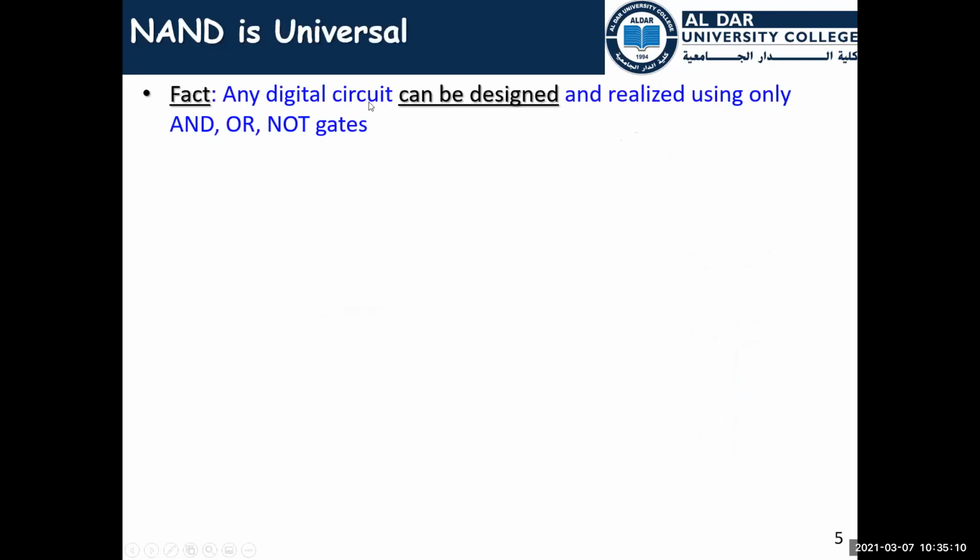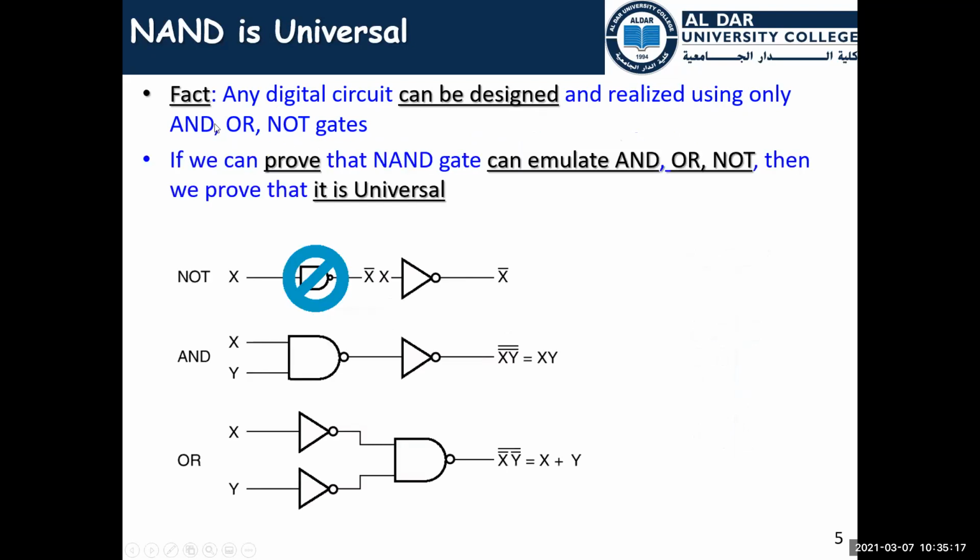Any digital circuit can be designed and realized using only AND or NOT gates. If we can prove that NAND gate can emulate AND or NOT, then we can prove that NAND gate is universal.